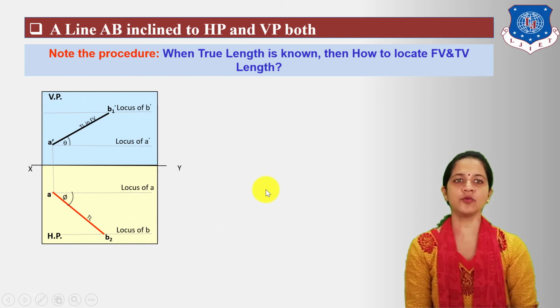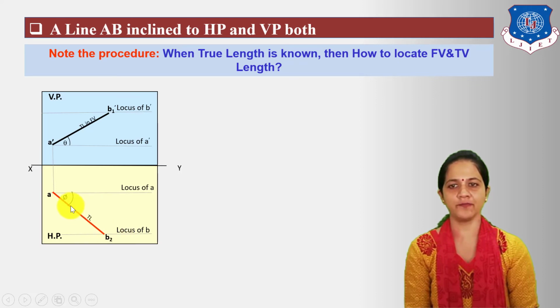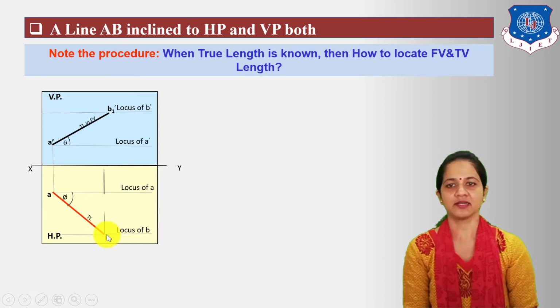Next, how to locate front view and top view length. For front view length, take straight projection from the end point of top view true length, which is B2 point. Take straight projection up to the locus of A dash in front view and mark here B2 dash point.